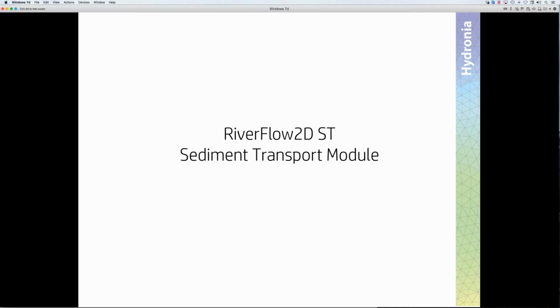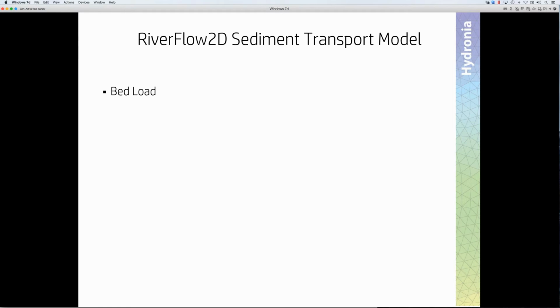Now, in particular, the sediment transport model implemented in RiverFlow2D can do bed load transport, suspended load transport, combined bed and suspended load, and there are situations where you have fine sediment and coarse sediment and requires using both transport mechanisms.